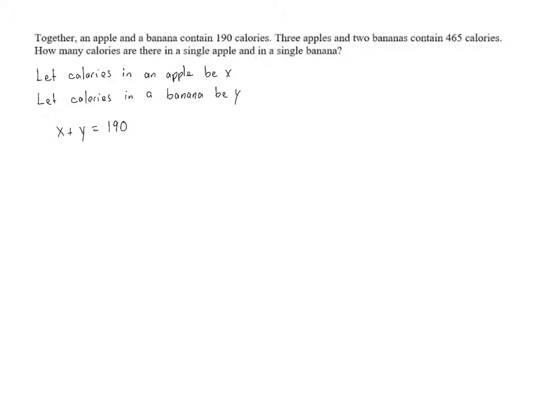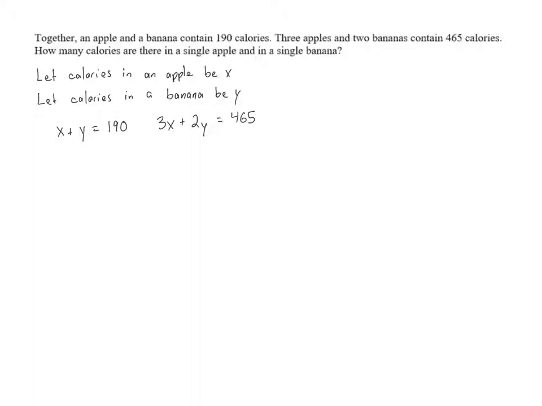Well, if we're looking at the calories in 3 apples, that's going to be 3x. And then if we also have 2 bananas, that'll be plus 2y. And that equals 465 in total.